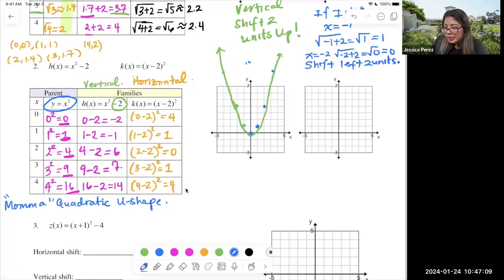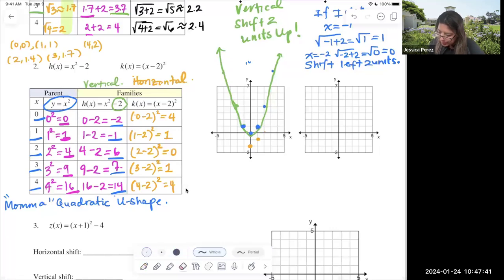That means now I'm at 0, -2, 1, -1, 2, 2, 3, 7, 4, and 14. So then it's 0, -2 down here. 1, -1. At 2, 2.